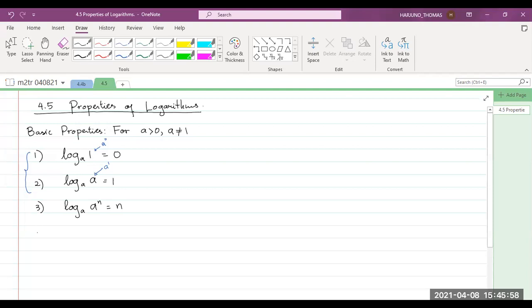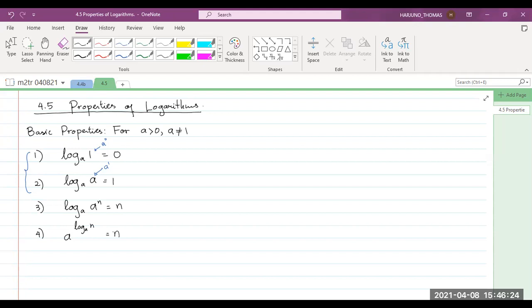Now the fourth one, that's a to the power of log base a of n is equal to n. Now, properties number 3 and 4 are basically saying the log is the inverse of the exponential, and the exponential is the inverse of the log.